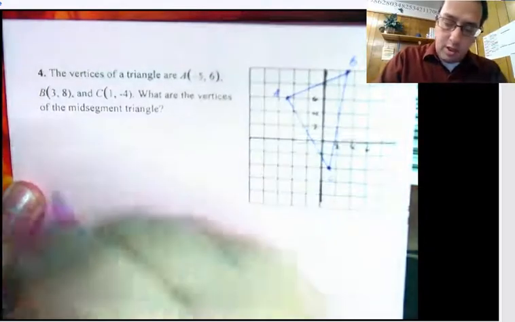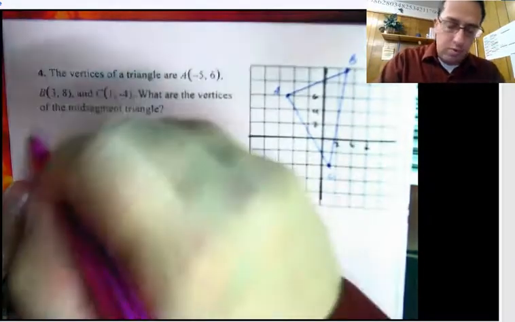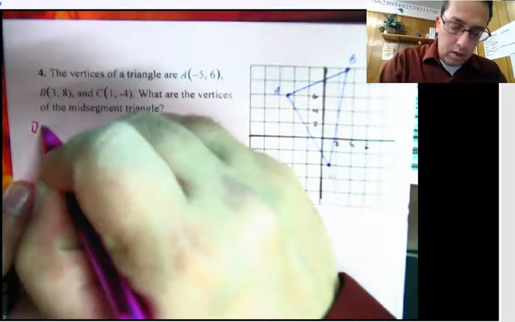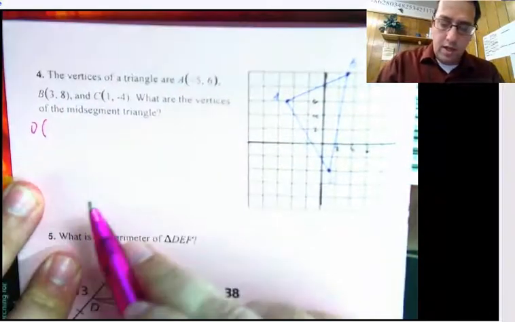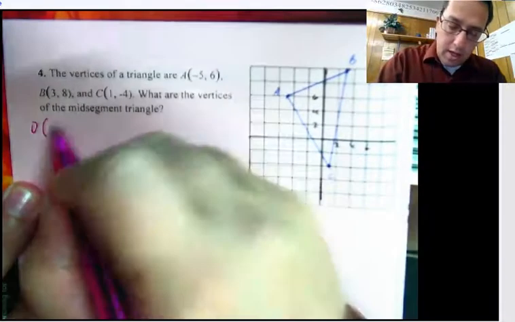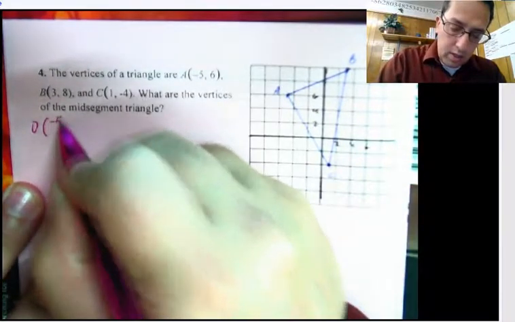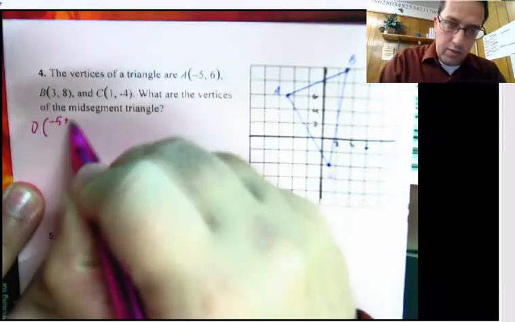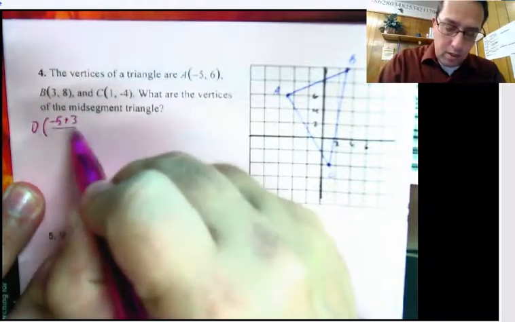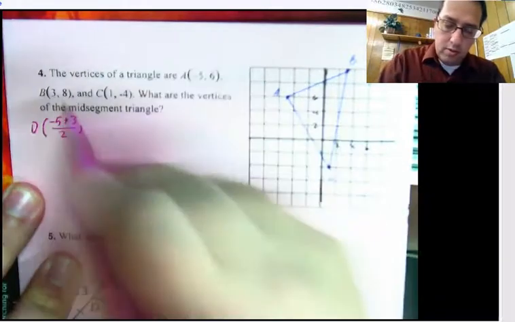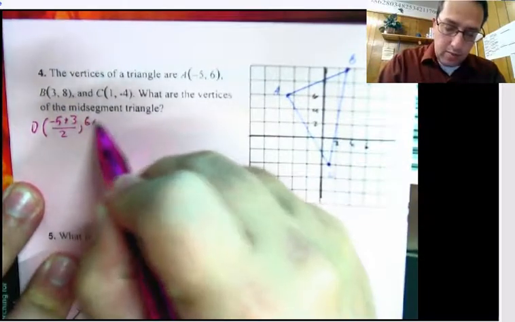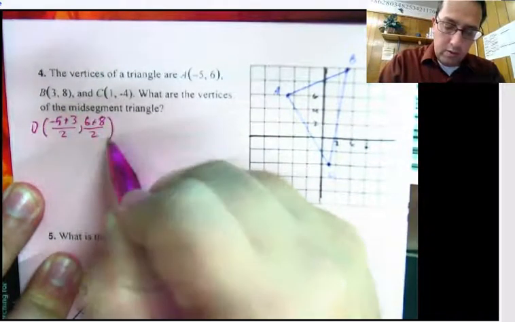So first, let's find, we'll call it point D. Why not? And so D is going to be the midpoint of AB. So for A, we have x1 plus x2, coming from point B, divide by 2. And then we do the y. So 6 plus 8, divide by 2.